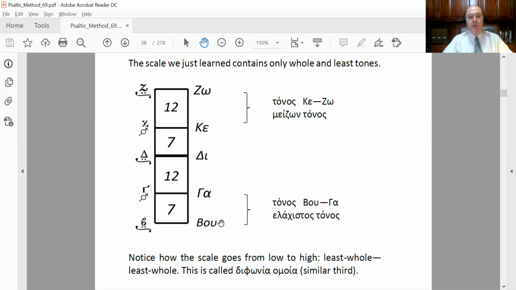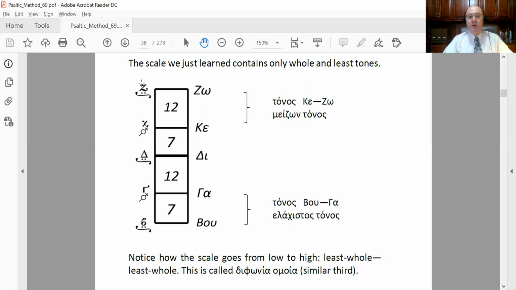So we know that we have the notes Vu, Ga, Di, Ke, Zo, otherwise known as phthongi. And on the left-hand side of the scale, we have the martyries. And we said that the martyries have two parts, the top, which is a letter, and the bottom.